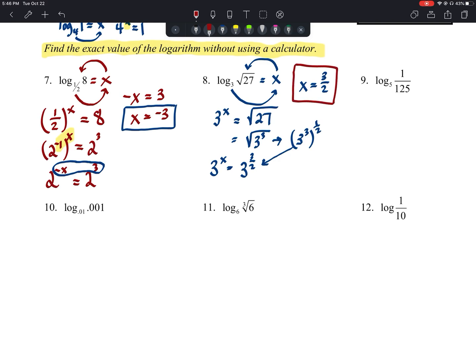Number 9, same things going on here. Log base 5 of 1/125th equals, I'm going to go ahead and just call it x. So we're going to say here our base is 5 raised to the power of x should equal 1/125th.